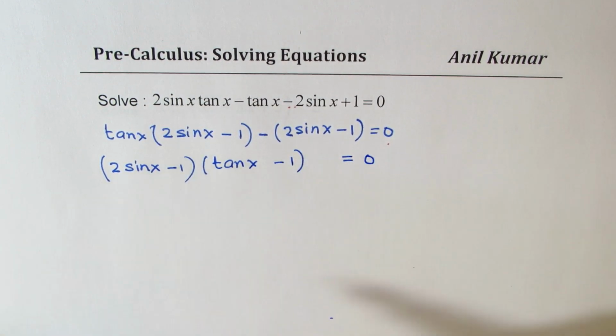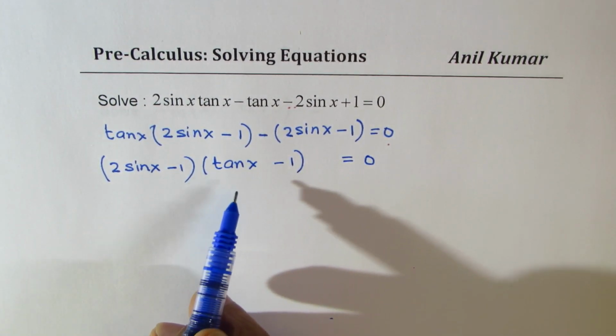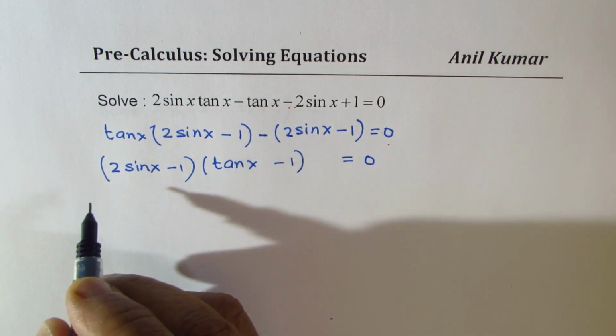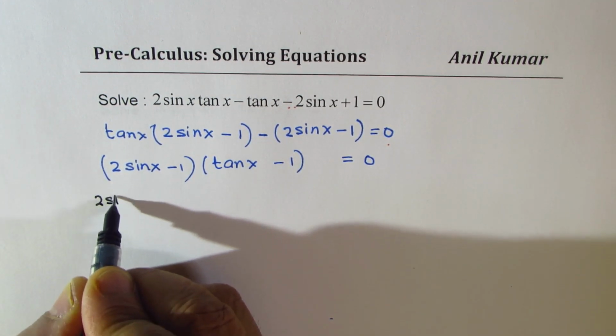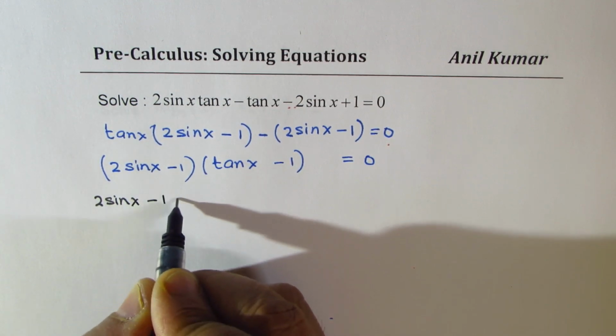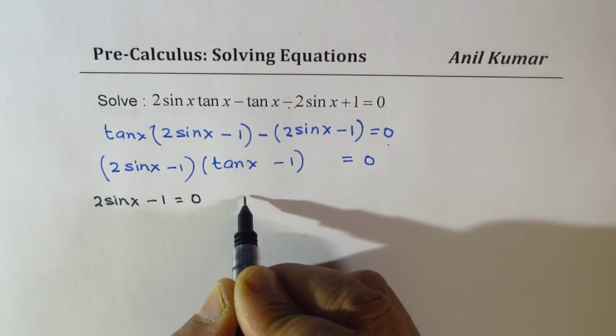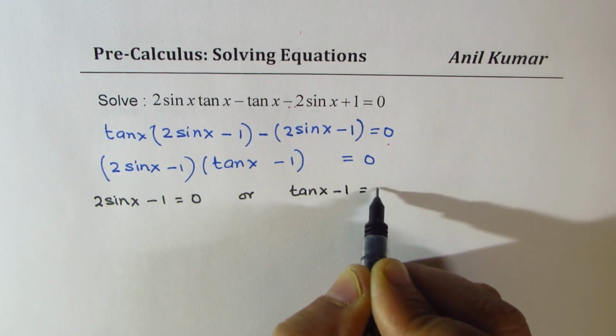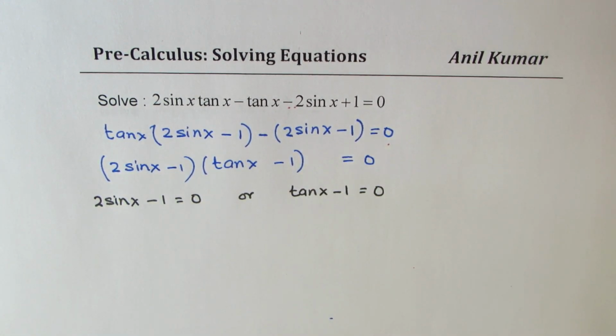Equal to 0. Now for this equation to be true, either 2 sin x minus 1 equal to 0 or tan x minus 1 equal to 0. So we have two sets of solutions.